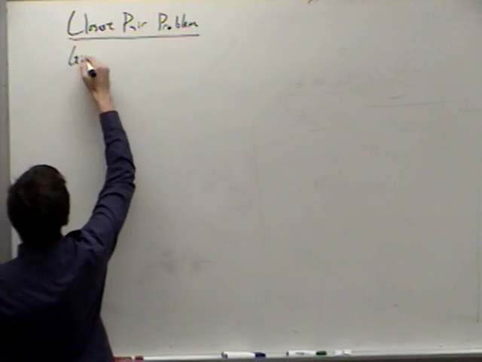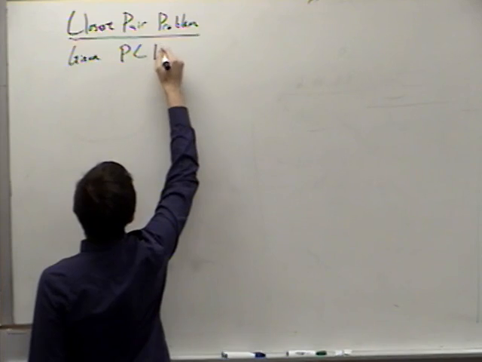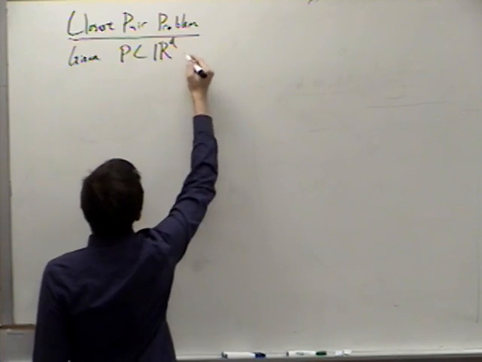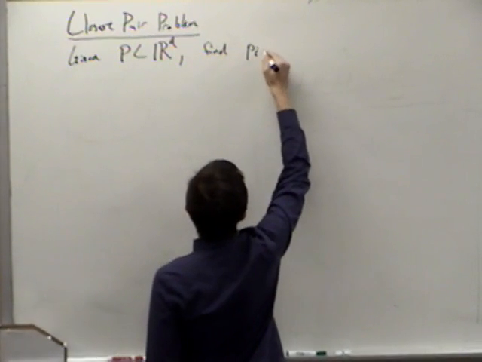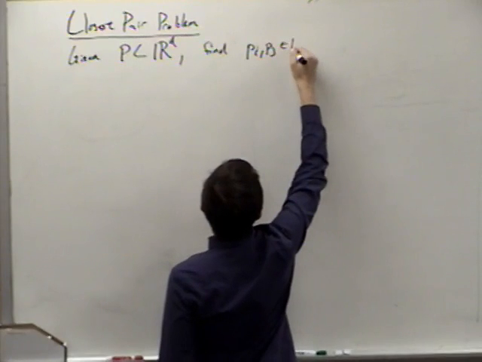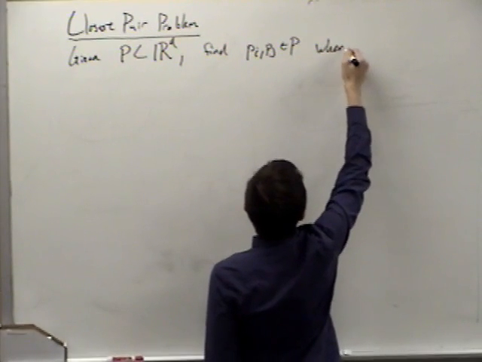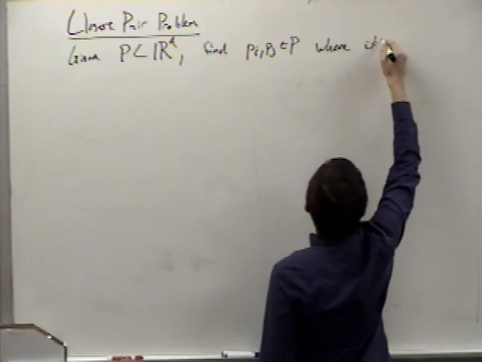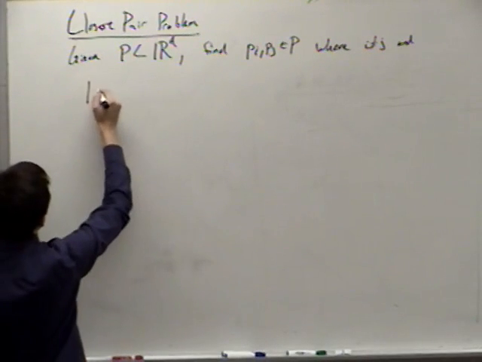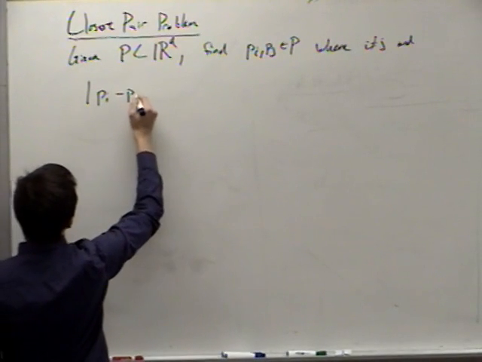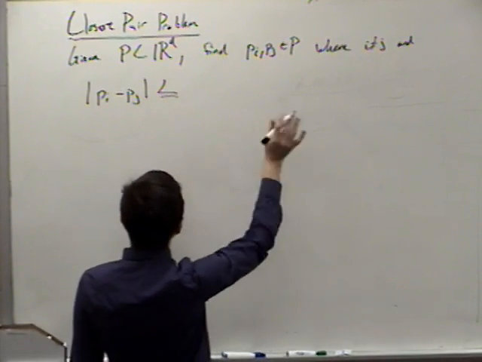We're going to just say, given some set of points P contained in R^d, find a pair p_i, p_j in P, where they're not equal, and the distance between p_i and p_j is less than or equal to the distance between any other pair of points.